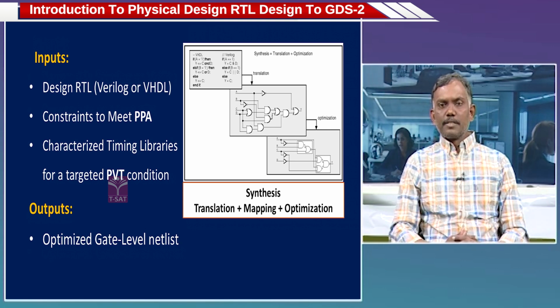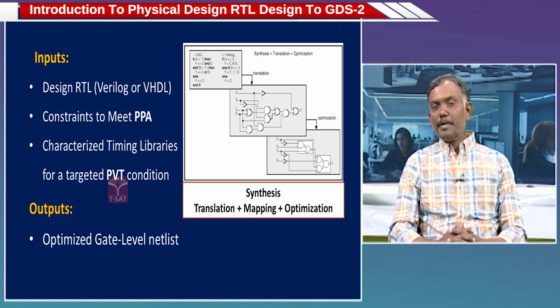Slow corner means because of these process variations, the cell delay increases, maybe decreases. Because of the voltage variations, the cell delay may increase or decrease. And the temperature variations, the cell delay may increase or decrease. The increase in cell delay is because of these PVT variations.